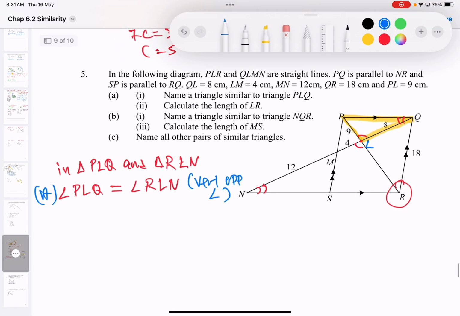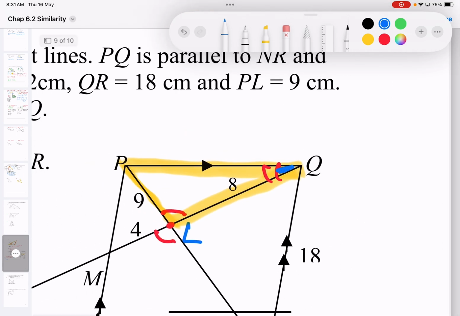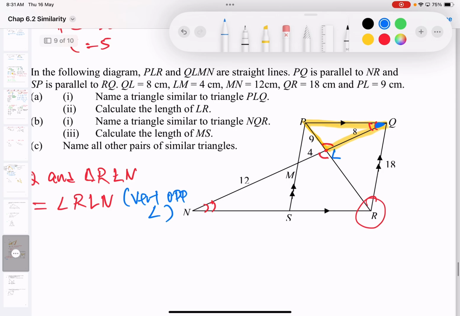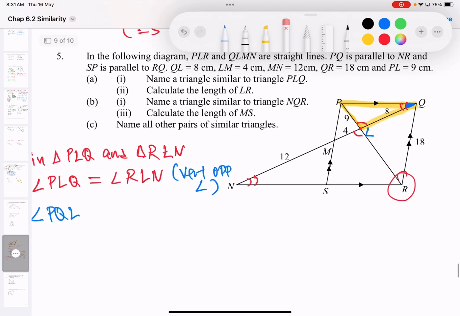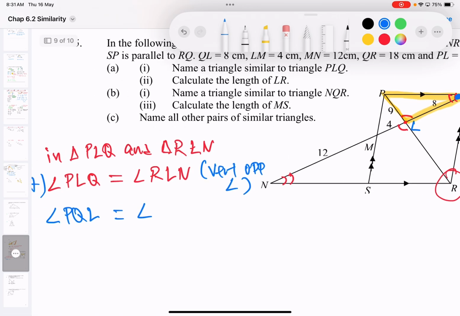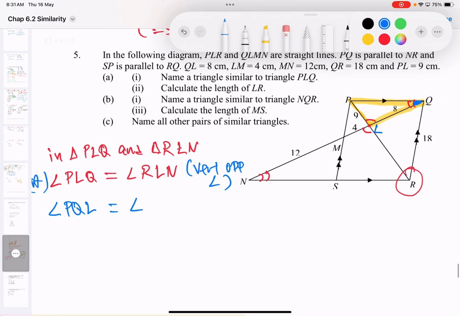And then of course I know my another A, which is what I have found earlier, angle PQL. So this angle over here, let me label it in blue. Okay, I know that this angle is equals to which angle? Can I get someone to help me? Gabriel?